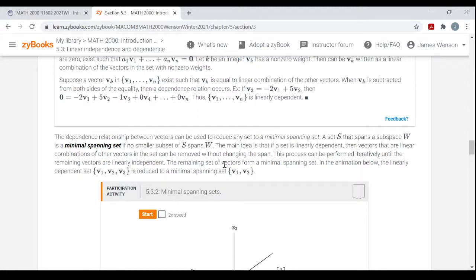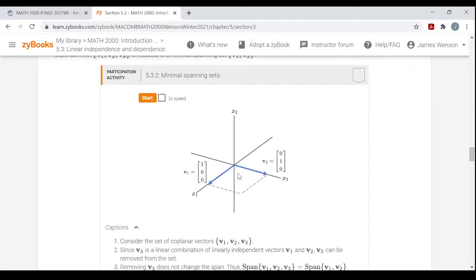The remaining set of vectors form a minimal spanning set. All right, in the animation below, the linearly dependent set v1, v2, v3 is reduced to a minimal spanning set v1, v2. So let's take a look.